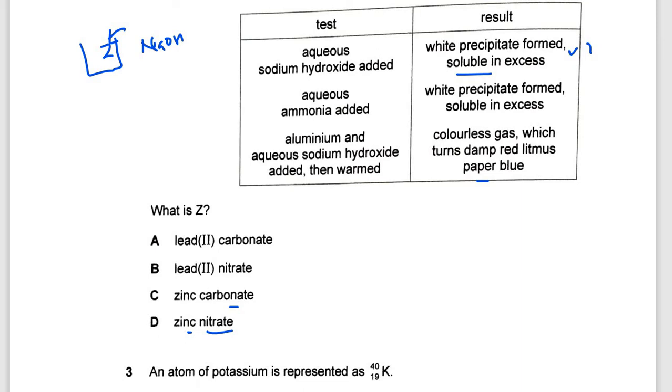What is possible? The hint is here: nitrate means it might have an ammonium compound here. So it should be your option number D. So this is how you should relate. If you look at this, you should revise the tests for nitrate, carbonate, sulfate. Please write it down, and you let me know in the bracket itself.